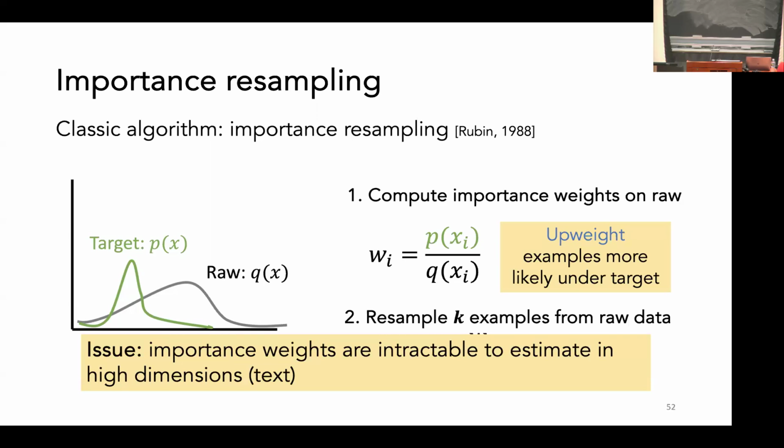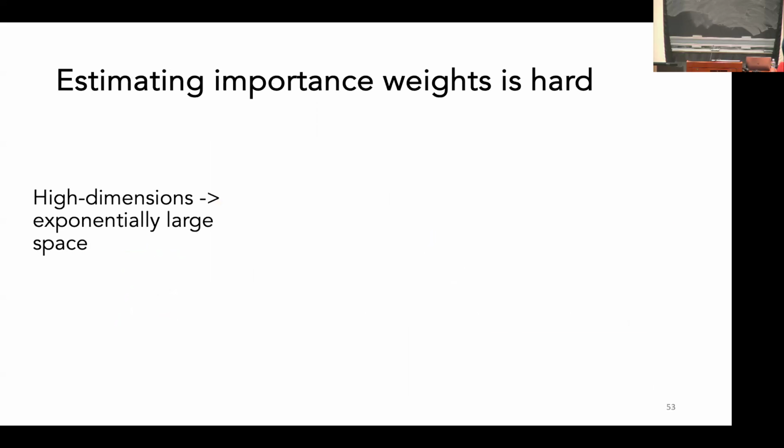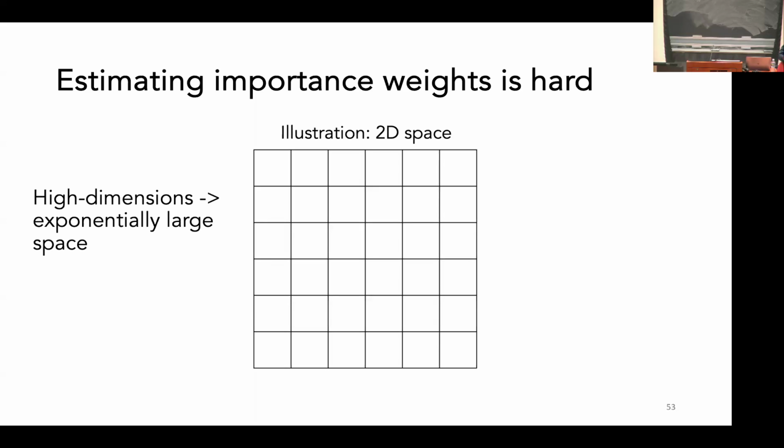However, the issue is that we need to estimate these importance weights, which is intractable in high dimensions. And we're working in the space of text, which is extremely high dimensional. In high dimensions, the issue is that we need to estimate importance weights on an exponentially large space. Just to illustrate, I'll go from 1D to 2D, which is slightly higher dimensional.